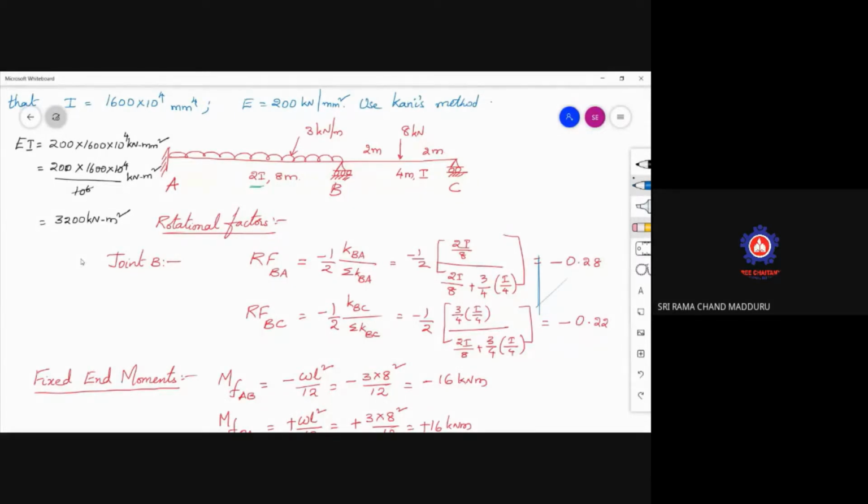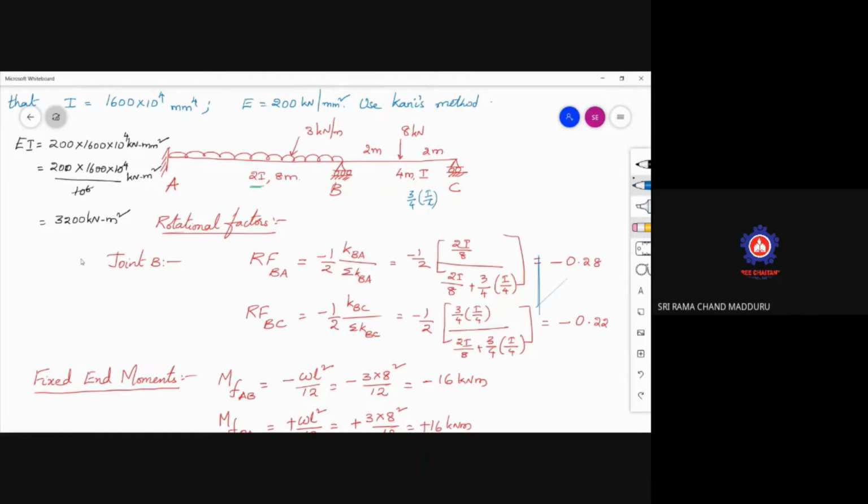So that's why this will be considered 3/4 of I by L. Three-fourth of I by L. Now, we got values like this.